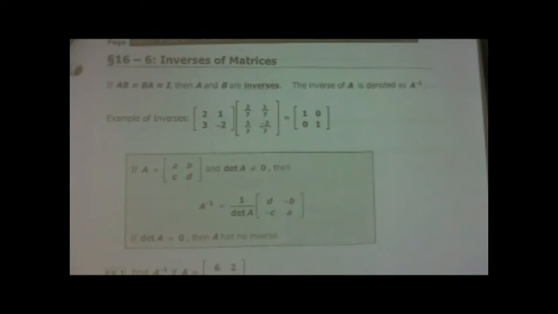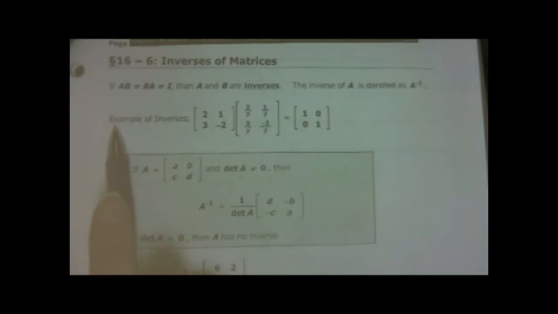So that's what we want to find today: if we have a matrix, we want to figure out what matrix is its inverse. All right? The inverse of a matrix A is denoted as A to the power of -1. Now I'm just going to call this A inverse when I'm explaining.